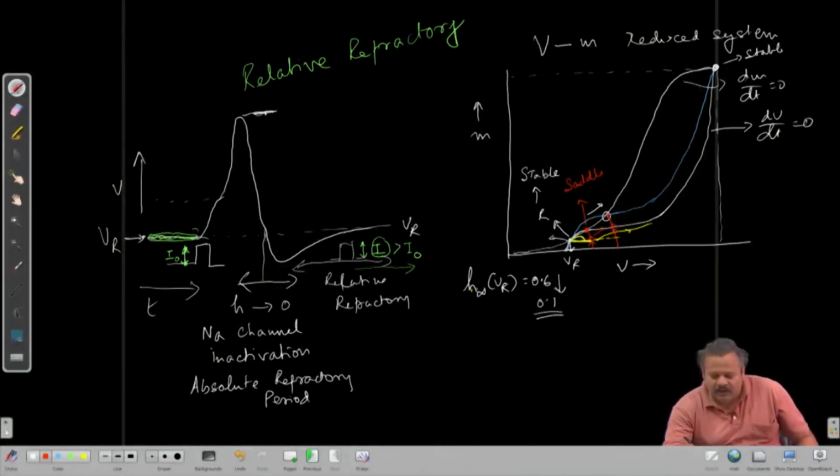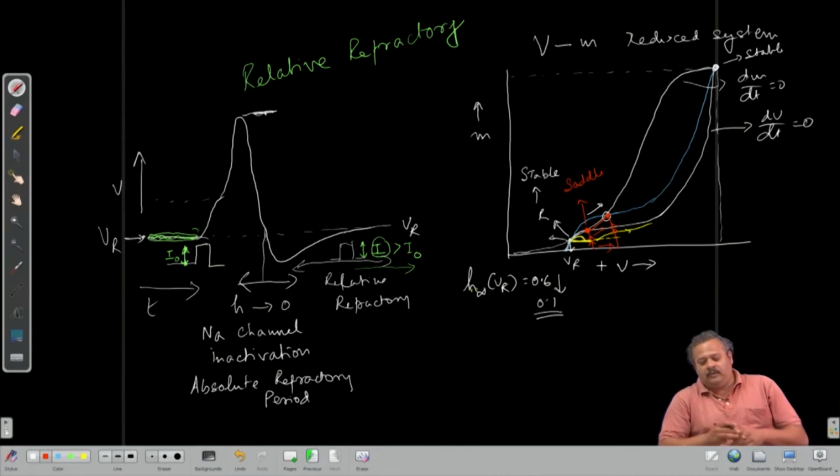So our saddle node is moving from this particular point initially to the new value, because our dV/dt null-cline has shifted upwards, and the corresponding stable manifold that provided the threshold also moves to the right. As you can now see, if we track the yellow line, the threshold of the system has increased by a few tens of millivolts.